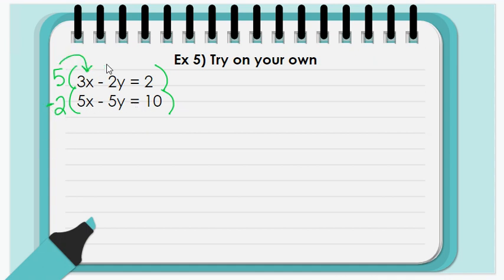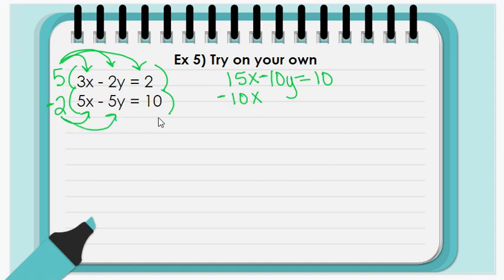So here we go. 5 times 3x, I'm going to have 15x now on top. 5 times negative 2y will give me negative 10y. And 5 times 2 is going to equal 10. On bottom, negative 2 times 5x will be negative 10x. Negative 2 times negative 5y will be a positive 10y.